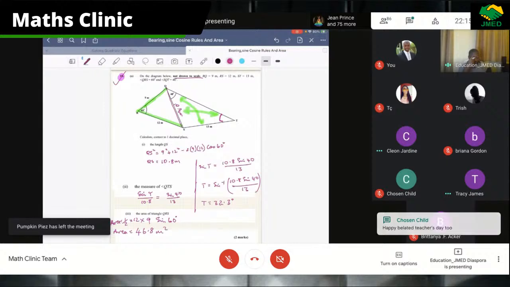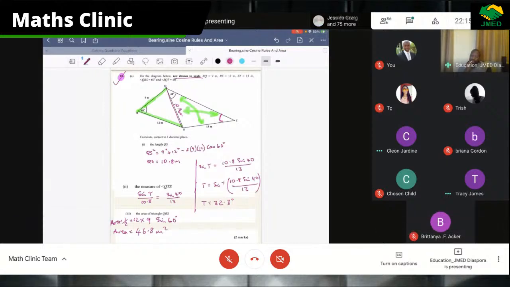Yes, we could have. But wouldn't that be a longer formula to use? Yes, sir. And since we've got the angle, and the angle is between both sides, we could use that, yes?